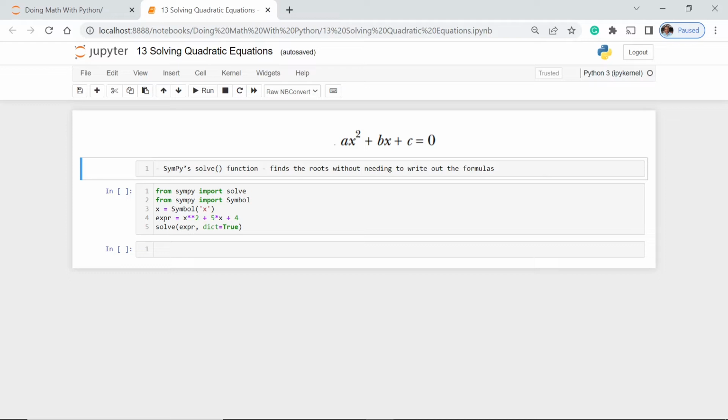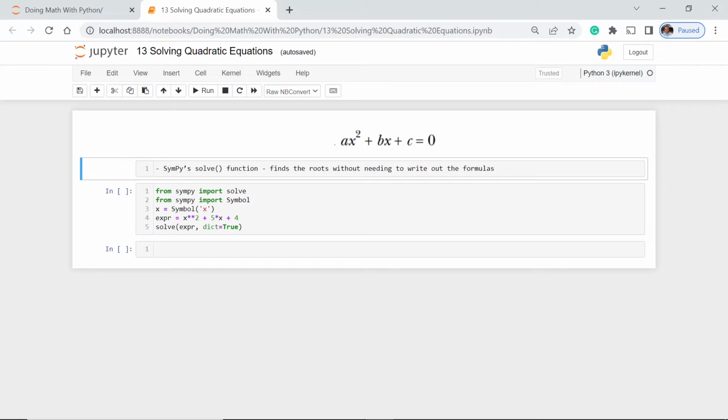Symbol makes this x a variable in a certain expression. And when this variable is already integrated into the expression using the function Symbol, then it can be mathematically manipulated by Python. We have here a variable, which is the name of this expression, x squared plus 5x plus 4.